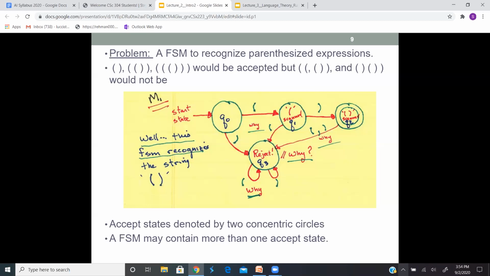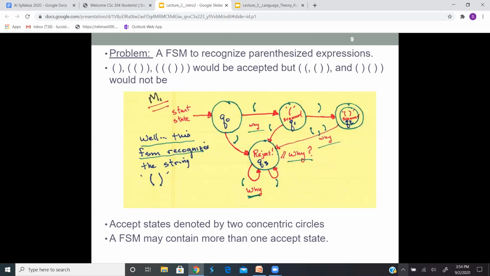And a further thing, in lecture 1, we talked about unsolvable problems. Maybe we called them undecidable, right? If the answer is yes or no to a question, then we talk about decidability. But this is getting ahead of ourselves. But recognizing well-balanced parenthesized expressions on a finite state machine is an unsolvable problem.